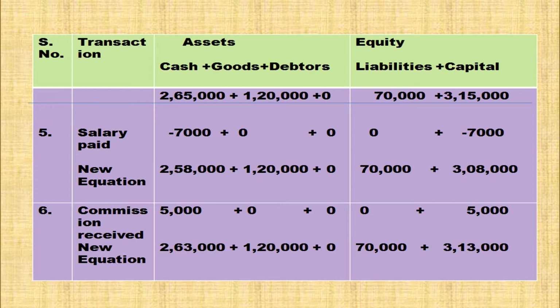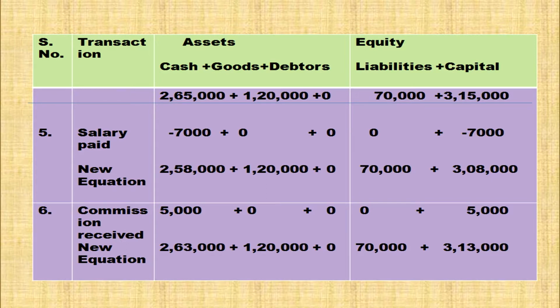From the cash column deduct 7,000, from the capital column deduct 7,000. So the effect of salary paid is like this. New accounting equation will come after deducting this. Commission received, income is coming inside the business, so cash is increasing, capital is increasing. In the cash column add 5,000, in the capital column add 5,000.